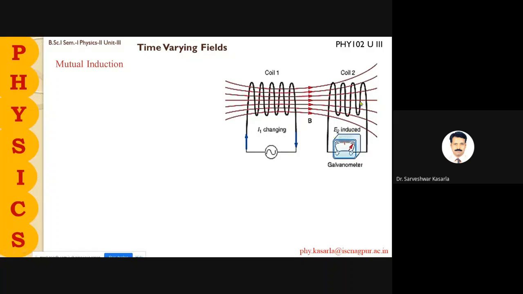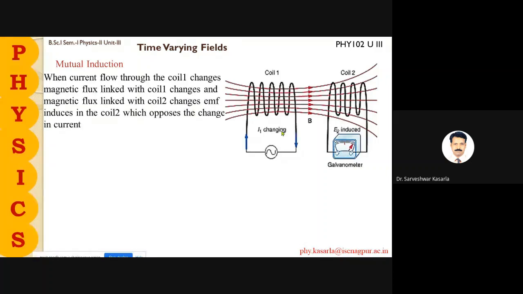E2 is the EMF induced in coil 2 due to rate of change of current in coil number 1. This is the mutual induction. An EMF is induced in coil number 1 also due to rate of change of flux, but because of the mutual induction there is also an EMF induced in coil number 2. This is the property of the two coils kept together.